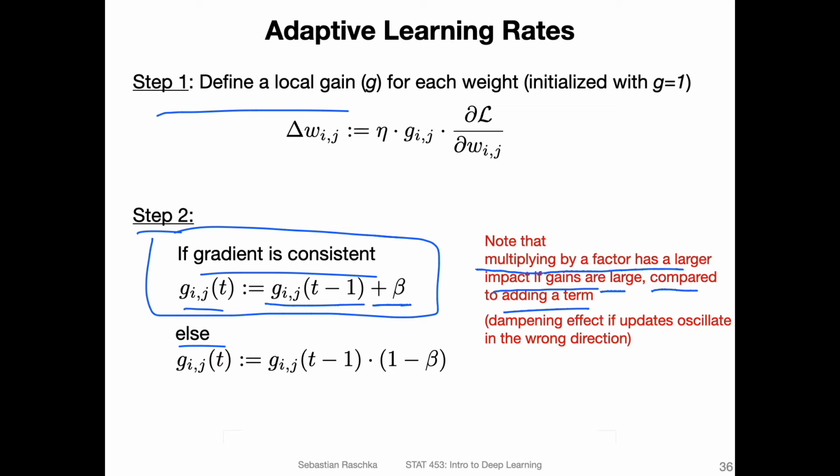We increase it by 0.9 in each round essentially. But if we change direction, we slow down faster by multiplying by this term here, for instance. If beta is 0.9, we will multiply this by 0.1. And this can have a stronger dampening effect when we change directions.